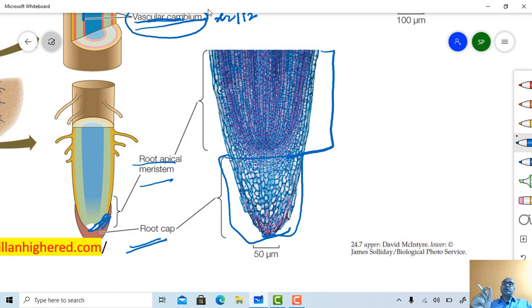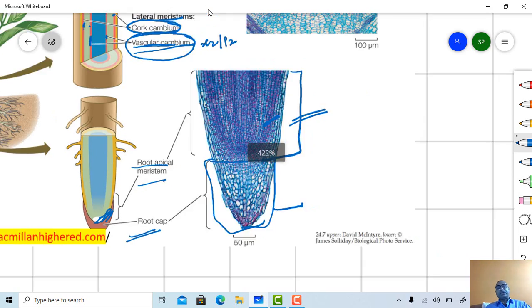Generally during the study of mitosis, when you take an onion root tip, the root cap region is discarded, and the thick white or somewhat dark colored region within the root, we take for the maceration purpose during the study of mitosis. So this one region is the apical meristem.